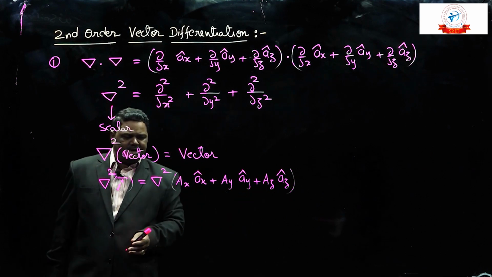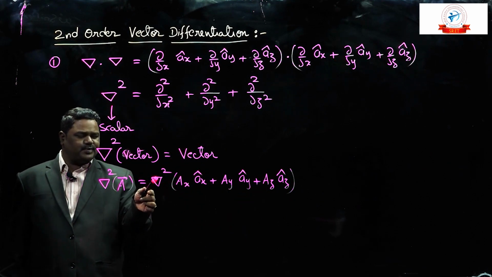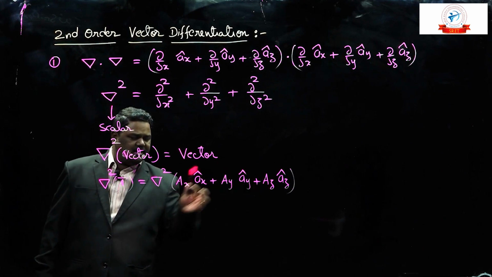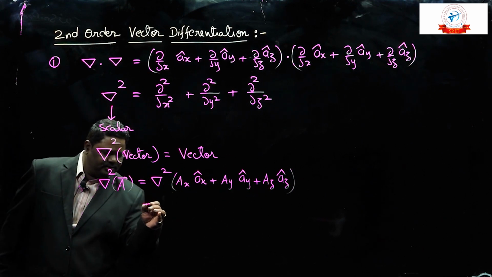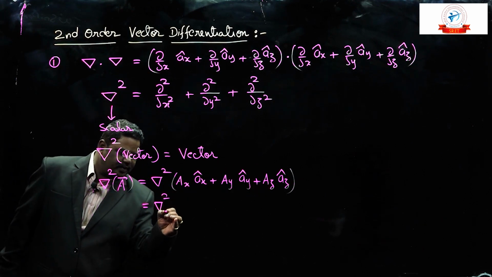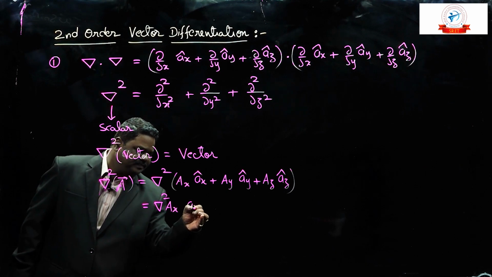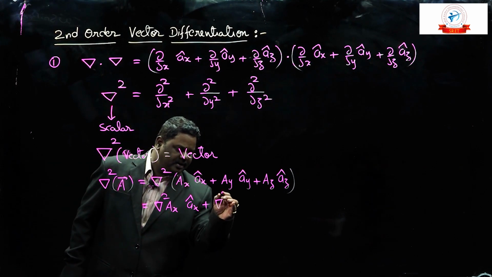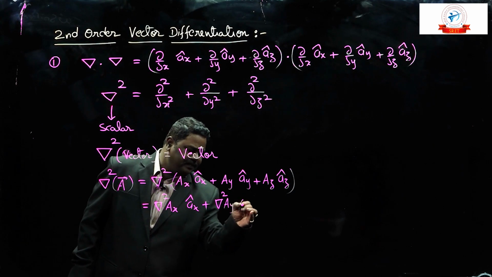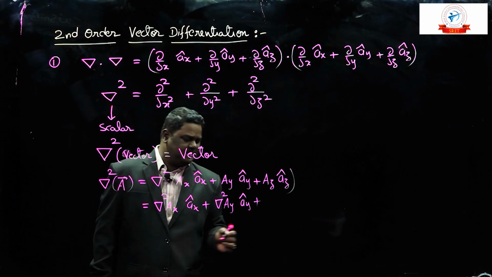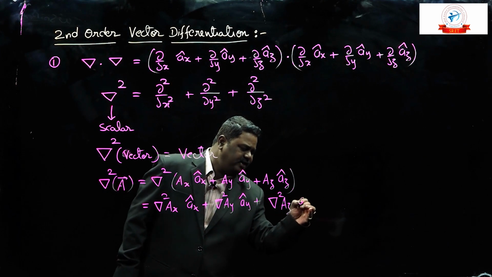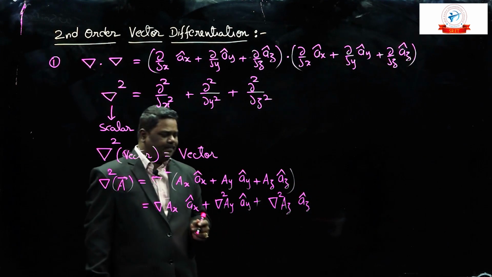Del square is a scalar, so it can be multiplied with each term of this vector A bar. So del square of ax into ax cap plus del square of ay into ay cap plus del square of az into az cap.